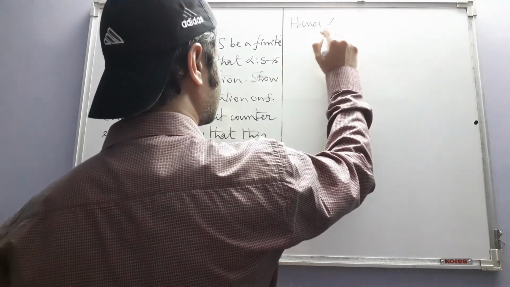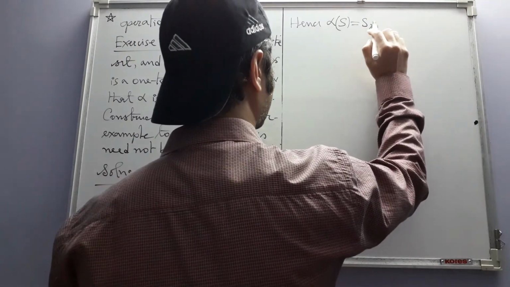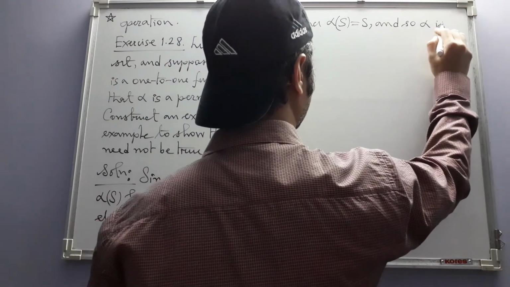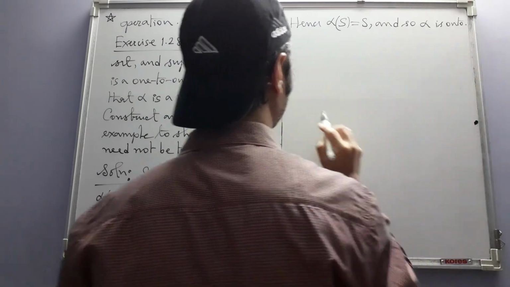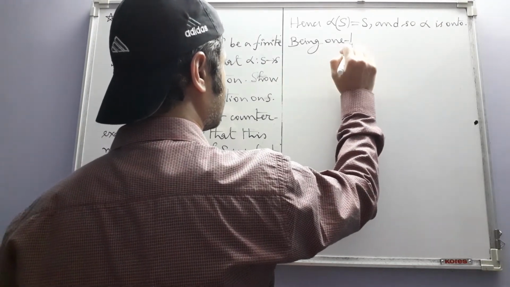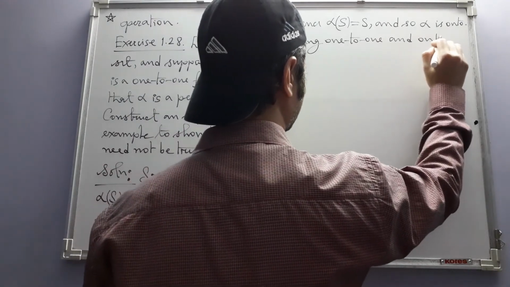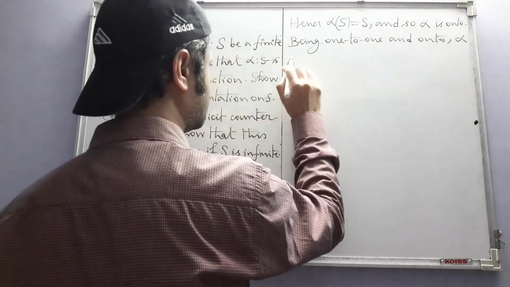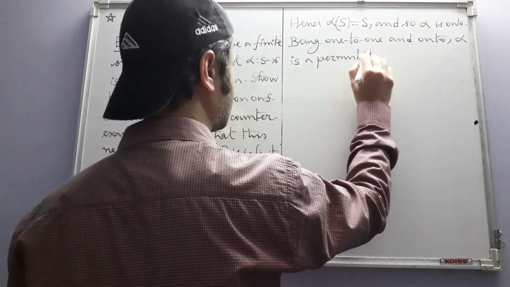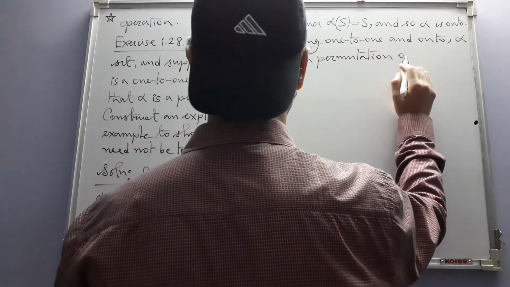Hence, alpha of S must be equal to S, and so alpha is onto. Being one-to-one and onto, alpha is a permutation on S.